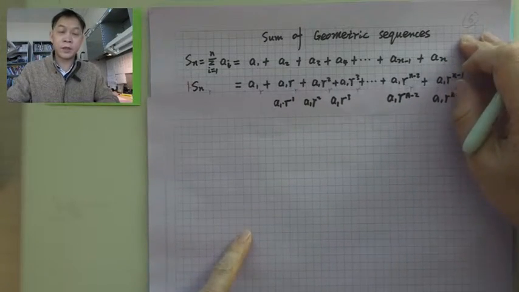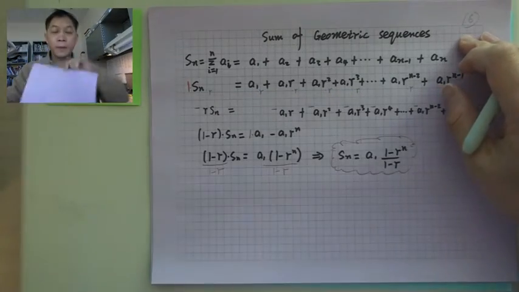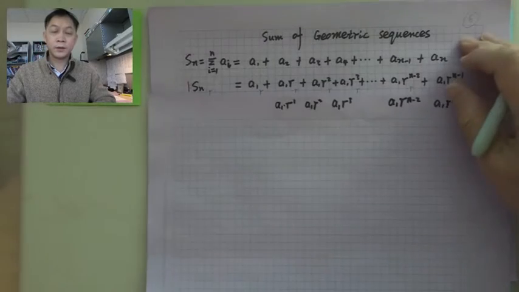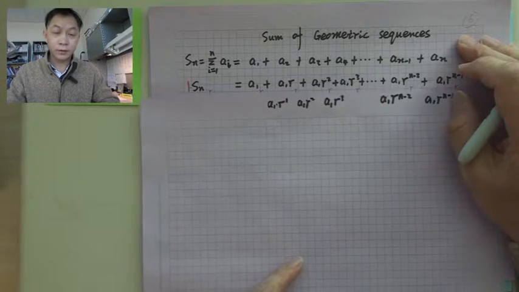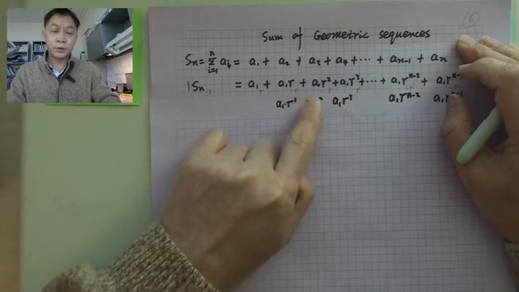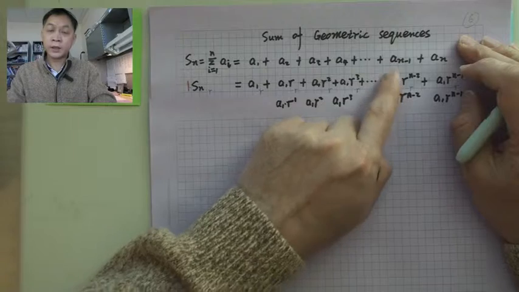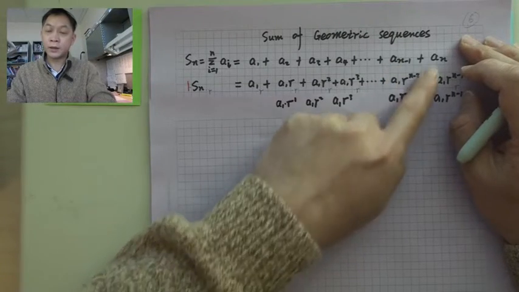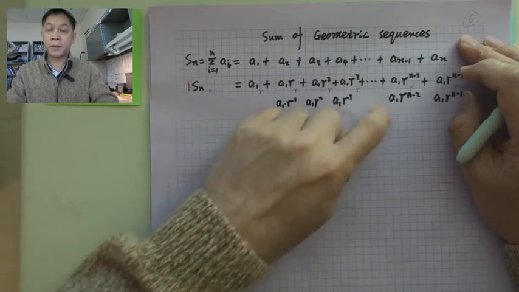So that's what we got here: A2, A3, A4, A sub n minus 1, A n. Those two are the same.